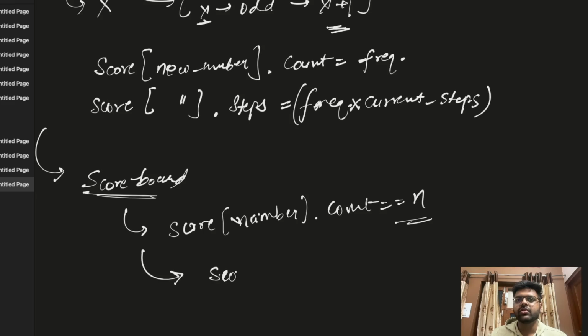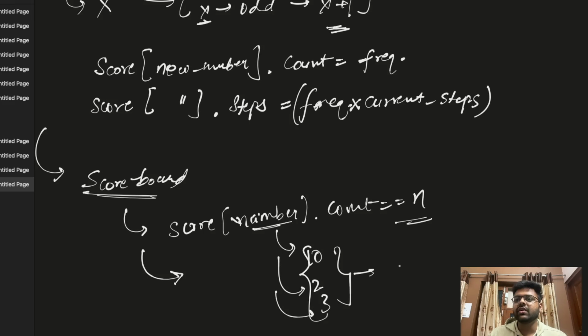Suppose the steps for this particular number is 10, and for other numbers the steps could be 2 or 3. We take all of those values and find the minimum. This is how you would solve this problem.